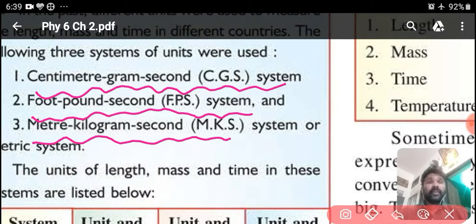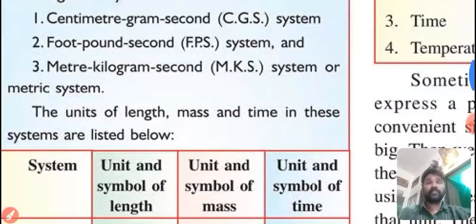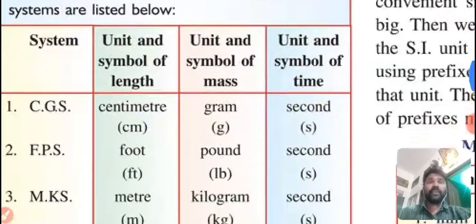These are the three systems we were using in past days: CGS, FPS, and MKS or metric system. The units of length, mass and time in these systems are listed below. We can have a look here.